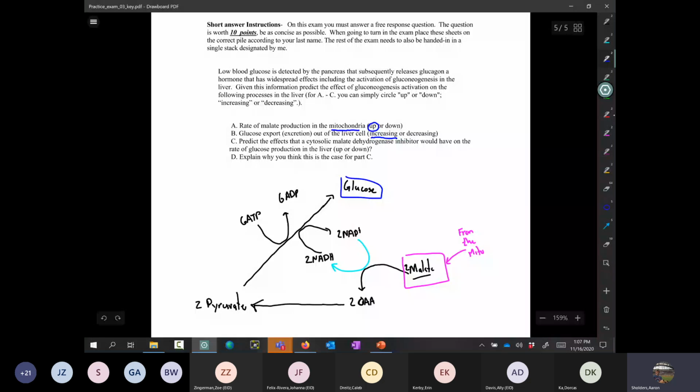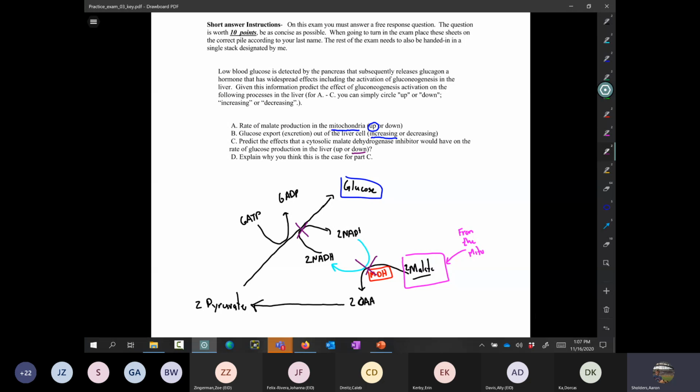So let's do this. This enzyme right here is malate dehydrogenase. That's the enzyme that's carrying out this process right there. If that is inhibited, so what we're saying is that this can't occur, then we can't get the production of NADH, which means that this can't occur, which means that our rate of glucose production in liver will go down.